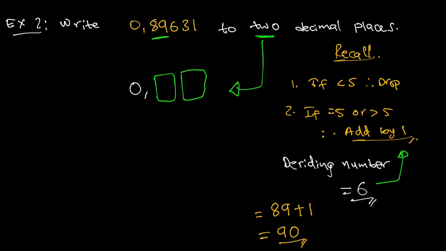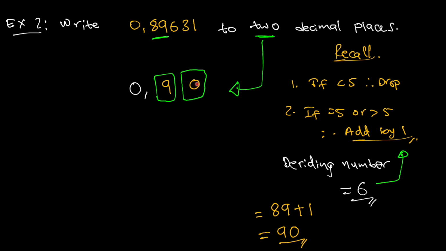Therefore, I'm going to populate into my 2 boxes the answer that I got here. So what do I have? I have 9 and a 0. So if you check, this is 0,90. You put that 0 there.